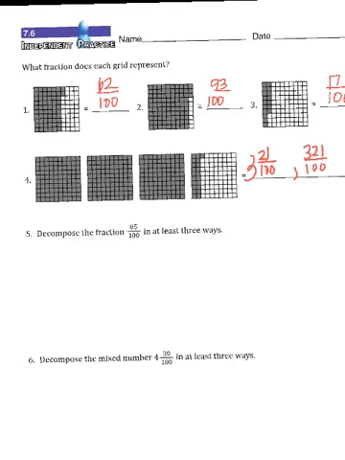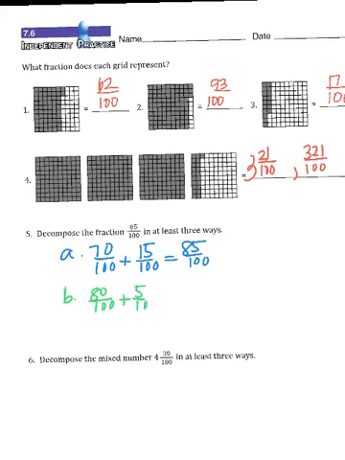Okay, number 5 says decompose the fraction 85 hundredths in at least 3 ways. Okay, so let's try 70 hundredths plus 15 hundredths equals 85 hundredths. We could try 80 hundredths plus 5 hundredths equals 85 hundredths.